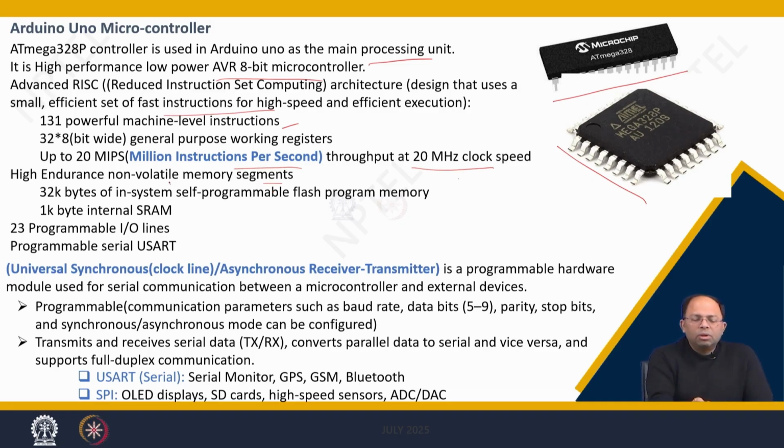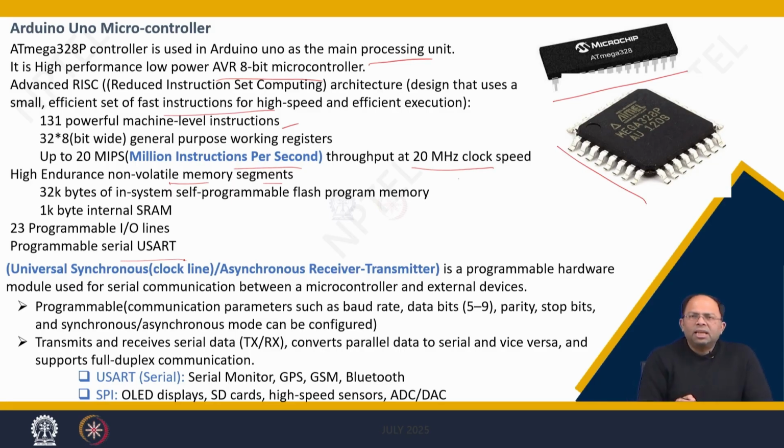That means the code that we load into the microcontroller will stay there inside. So there are 32 kilobytes of in-system self-programmable flash memory, 2 kilobytes of internal SRAM for processing, and 23 programmable input-output lines, including digital and analog. And there is a programmable serial USART transmitter also.